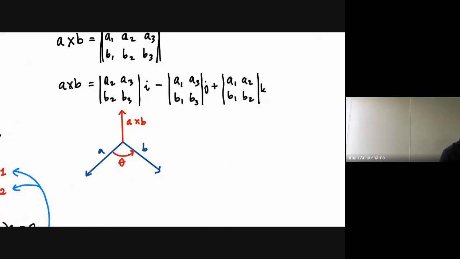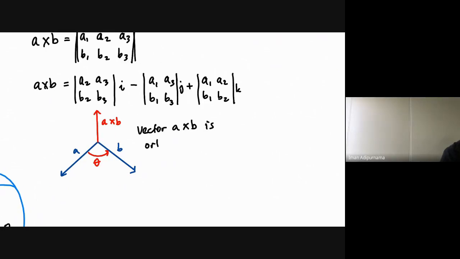By doing this, let me write that the vector A cross B is orthogonal to both A and B. We can actually prove this.